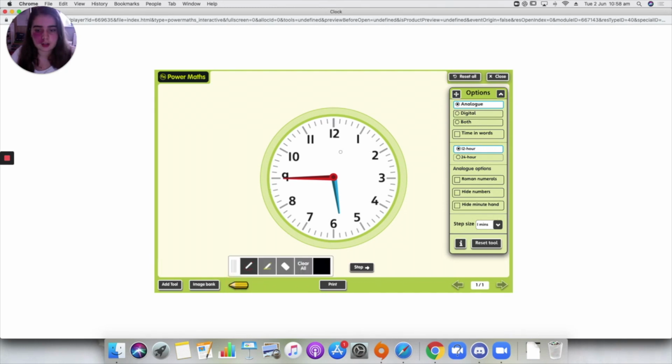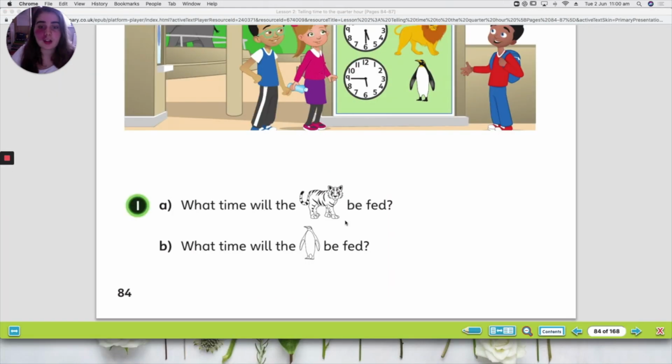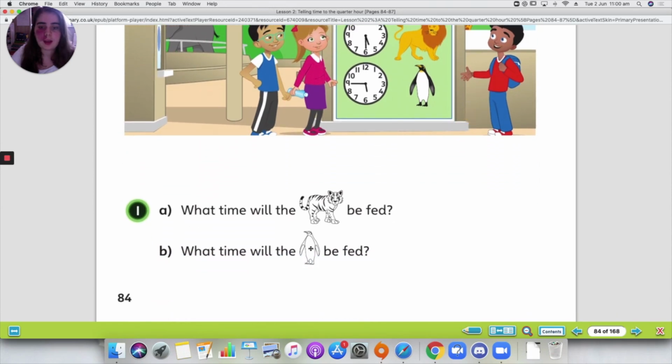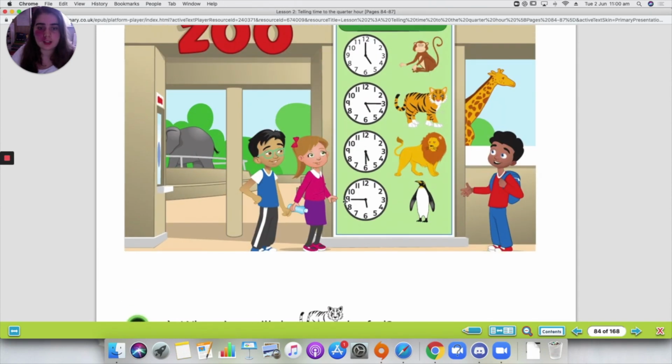If I try and draw, so it's already moved 1 quarter, 2 quarters, and 3 quarters, and there's a quarter left to go around the clock. That means it's a quarter to 6. So the tigers will be fed at quarter past 5, and the penguins will be fed at quarter to 6.